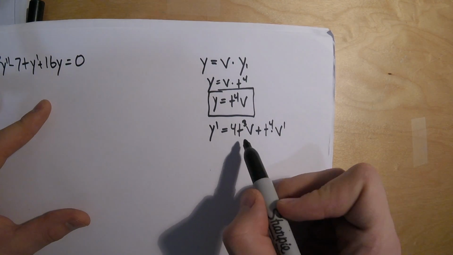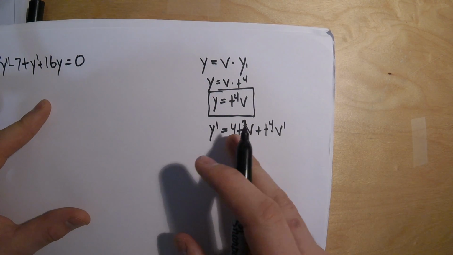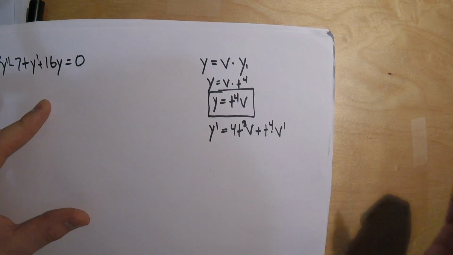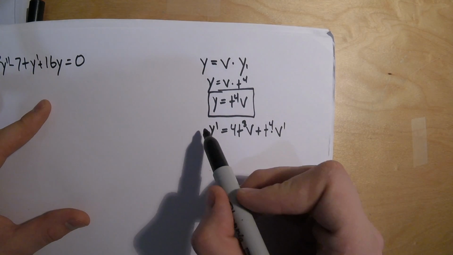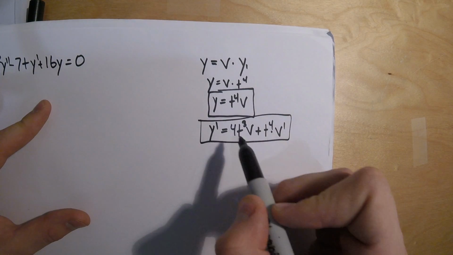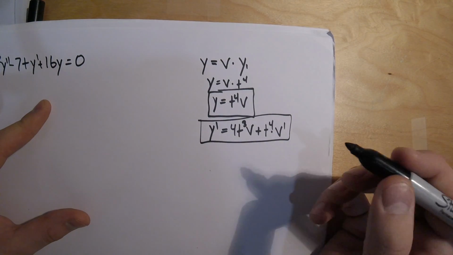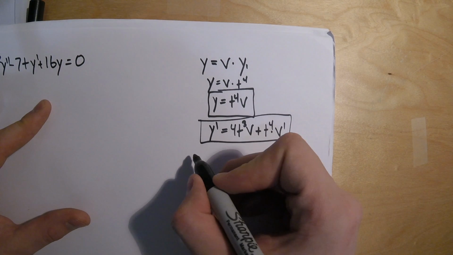What I like to do is keep the v behind the t so you don't get confused. So now we have our v prime. That's good.